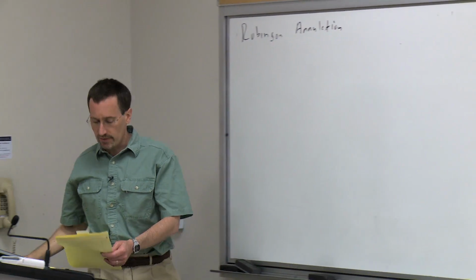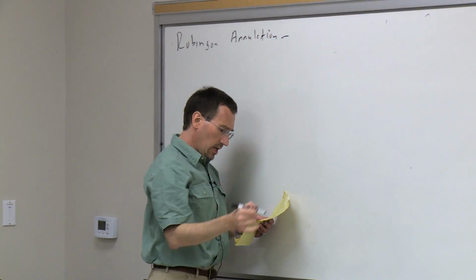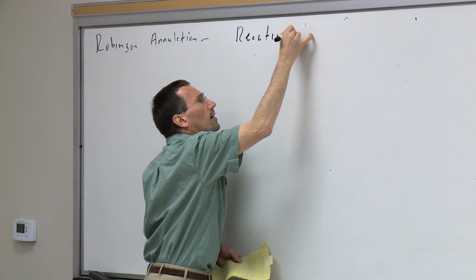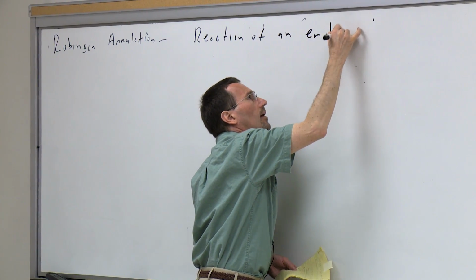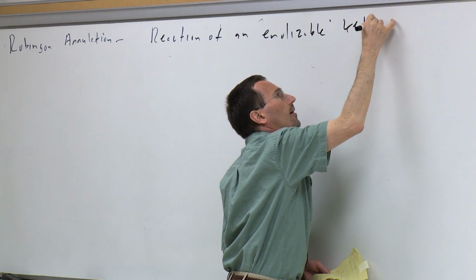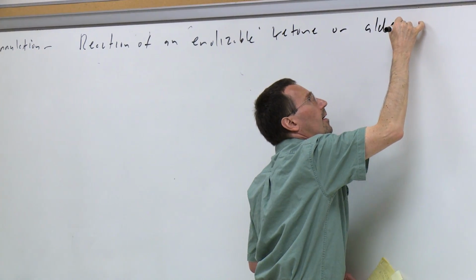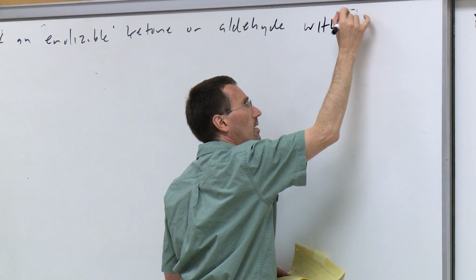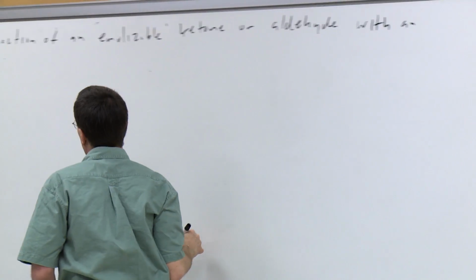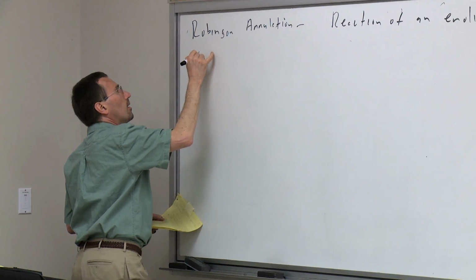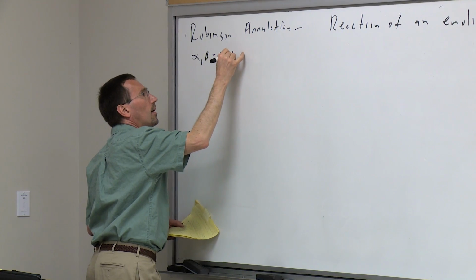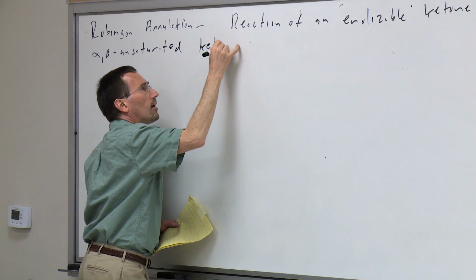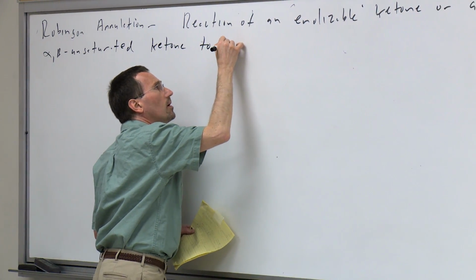We saw his synthesis of tropinone. The Robinson annulation is the reaction of an enolizable ketone or aldehyde with an alpha-beta unsaturated ketone to give a cyclohexenone.